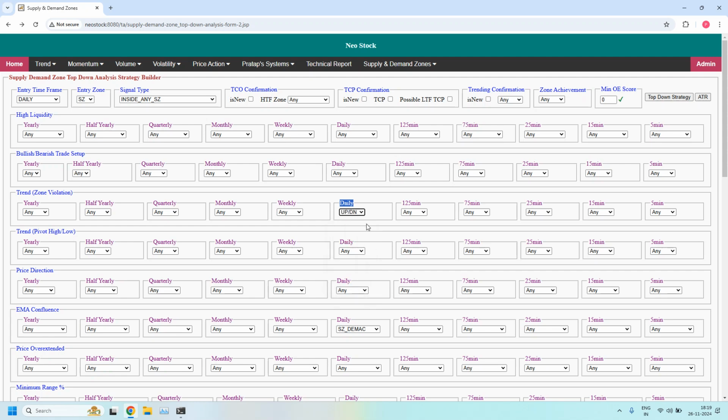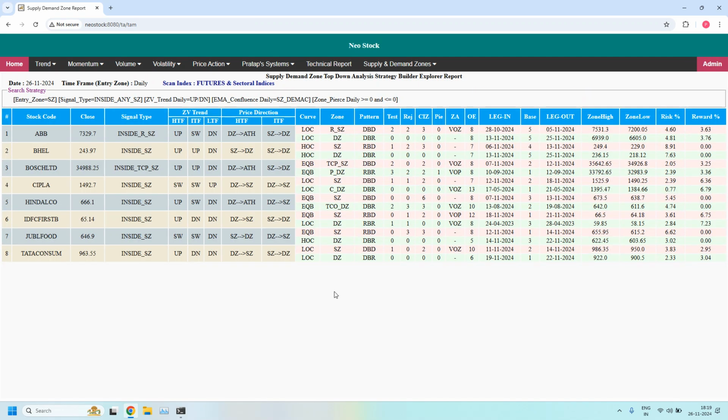So I selected up or down because EMA Confluence is valid only in a trending market, not in sideways. So let me filter. We got 8 stocks. In these 8 stocks, the current price is closed in these 8 supply zones, and also all these 8 supply zones are having daily EMA Confluence.